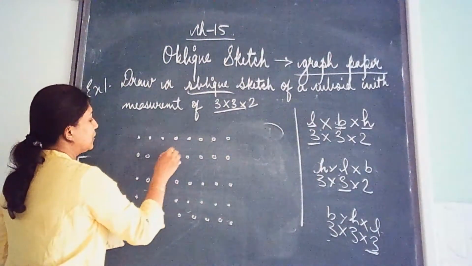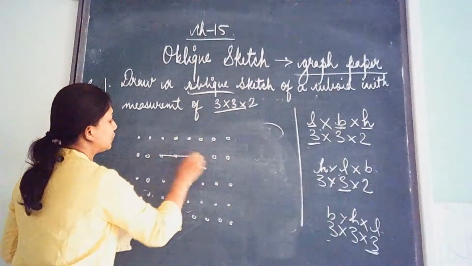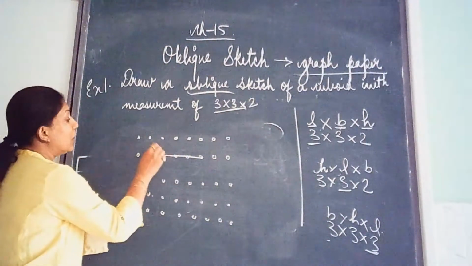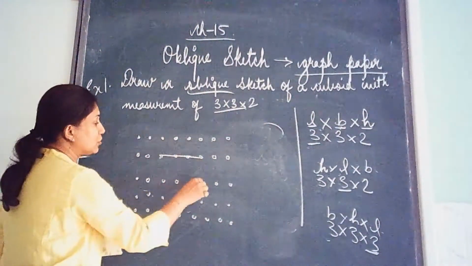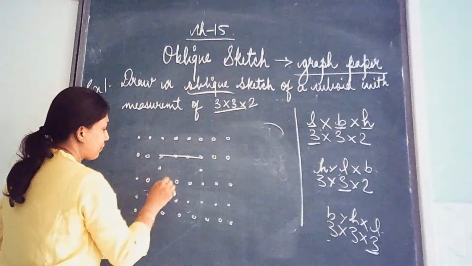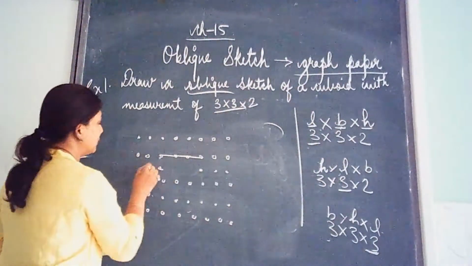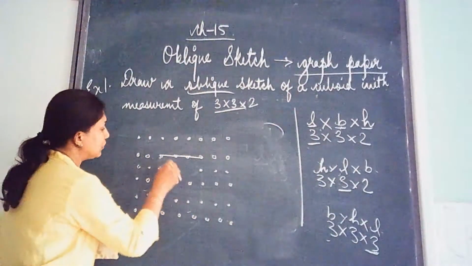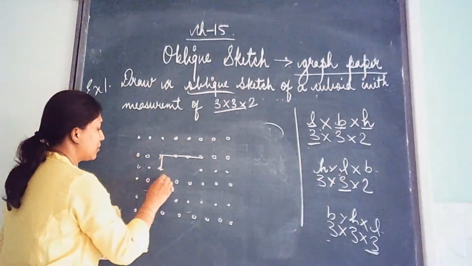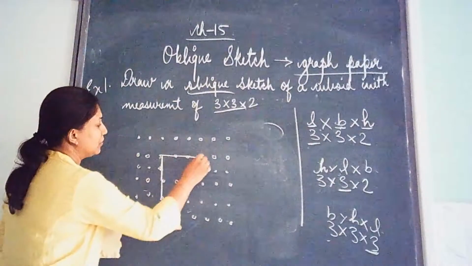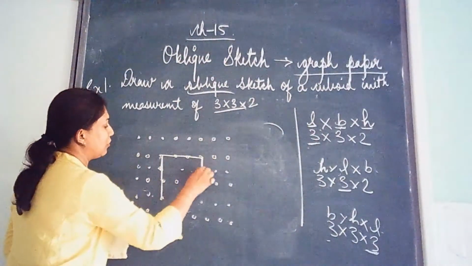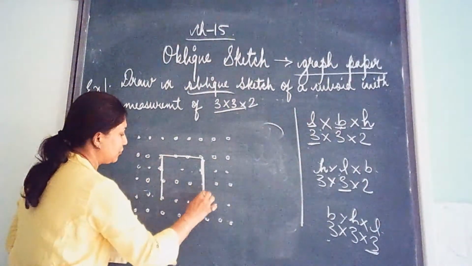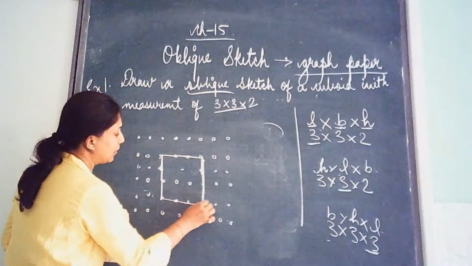It is 3. Take 3. 1, 2, 3. Now from here also you take 3. 1, 2 and 3. From here also there are many dots. 1, 2 and 3.